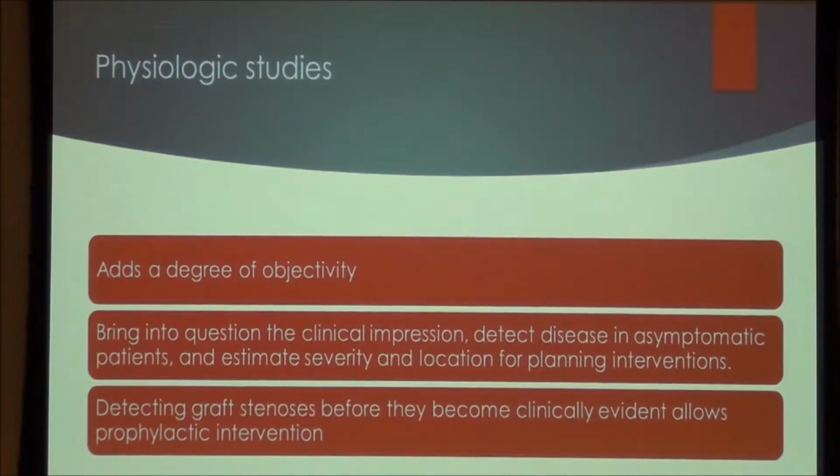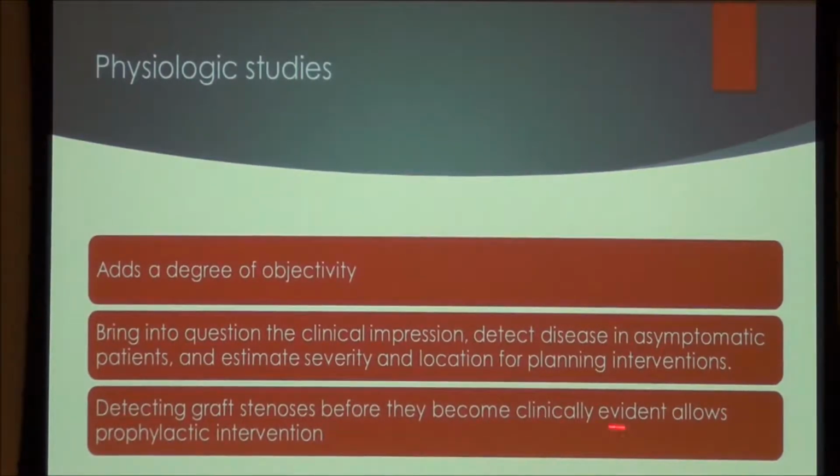Also, if you do ABI for a patient who is not complaining of severe pain, but it's 0.7 instead of 1.1, you will know that there is some vascular disease going on, but it's not at the level that you need to do intervention, but you need to monitor that.